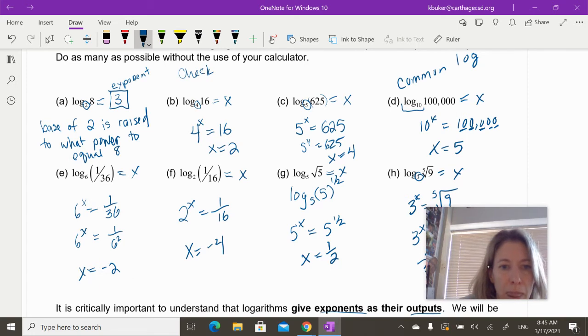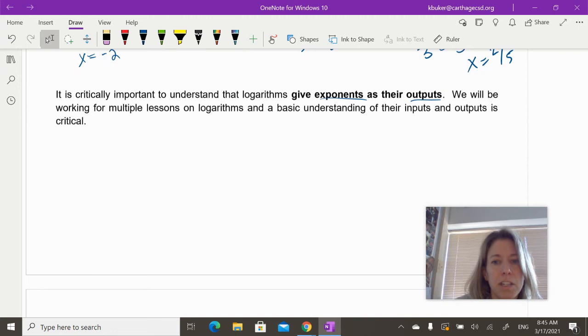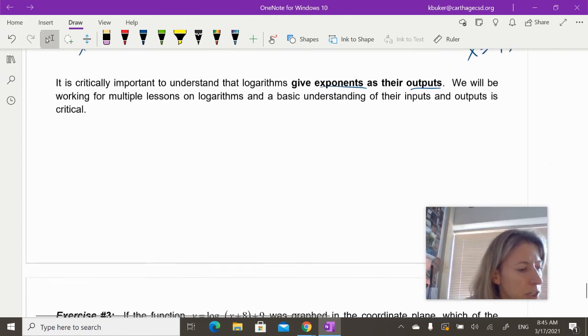The answer to the log is actually my exponent in the exponential, and then the input of the log is the output of my exponential. So 4 squared equals 16, it's a check. They're inverses because the inputs and outputs switch, or the domain and range switch.